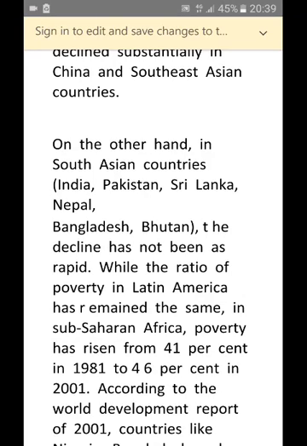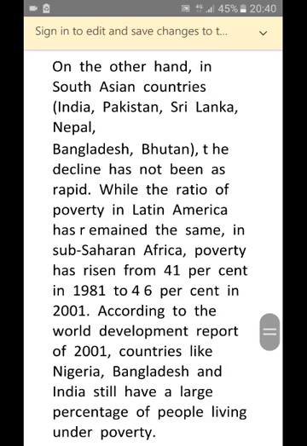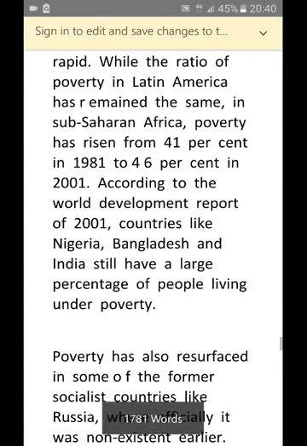On the other hand, in South Asian countries, that is India, Pakistan, Sri Lanka, Nepal, Bangladesh, Bhutan, the decline has not been as rapid, while the ratio of poverty in Latin America has remained the same. In sub-Saharan Africa, poverty has risen from 41% in 1981 to 46% in 2001.